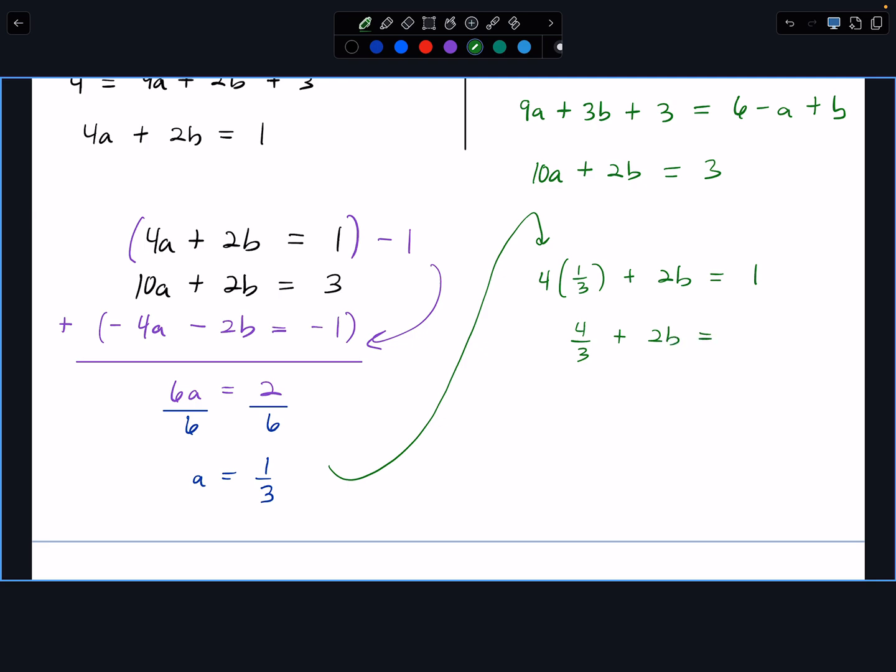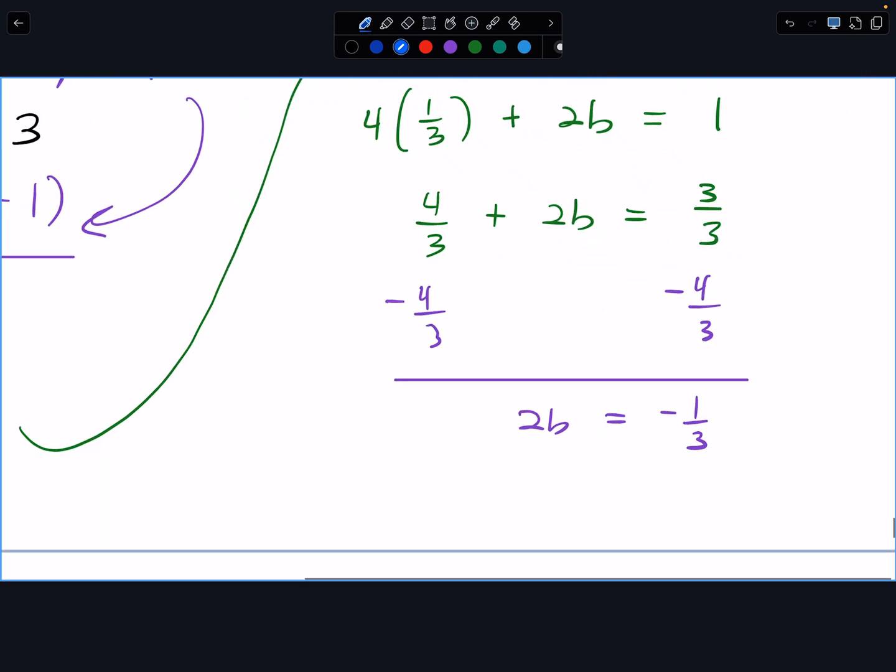I'm going to eventually need to subtract this from both sides, right? So I'm going to write this as a common denominator already to make my life easier. Do you guys agree that 1 is the same thing as 3 over 3? Okay. So if I subtract 4/3 from both sides, I'm going to get 2b is equal to negative 1/3.